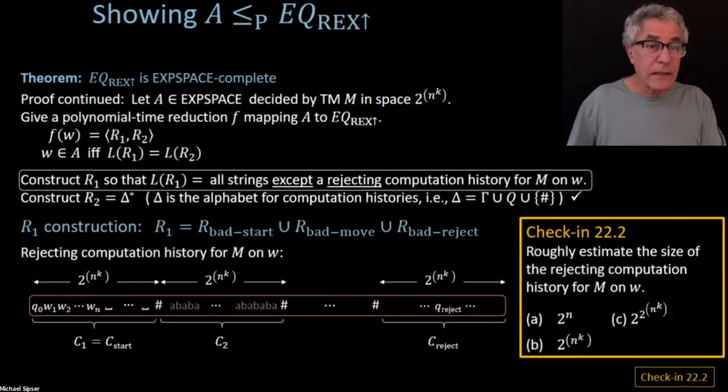How big is this rejecting computation history anyway? Interesting. There's a lesson here. I got a big burst of answers right at the very beginning, all wrong. But then the people who took a little bit more time to think started getting the right answer, which is, we got a close election here, folks, so I have to report.